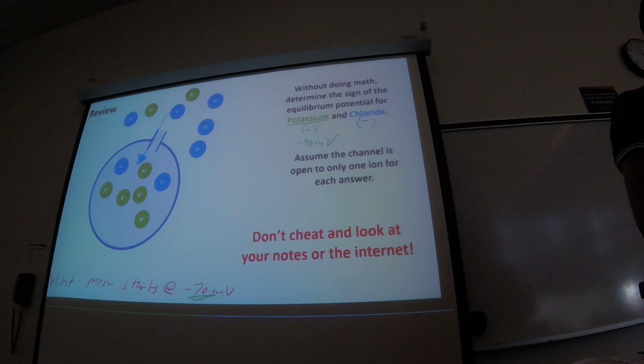Alright. So let's do this opposite. If you assumed the chloride equilibrium potential was positive, that means the chemical gradient would be going in and the electrical one would be going in, because these are negative ions, this is positive, so the negative attracts positive, it would go in this direction.